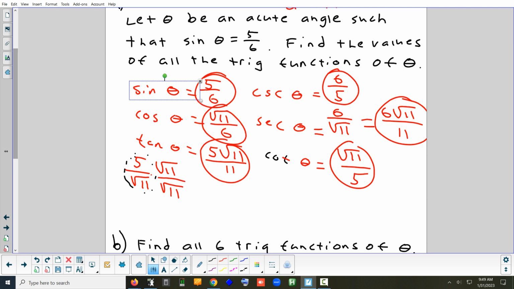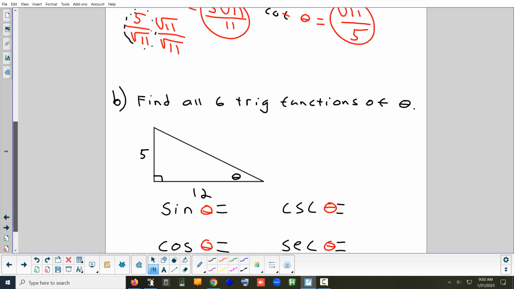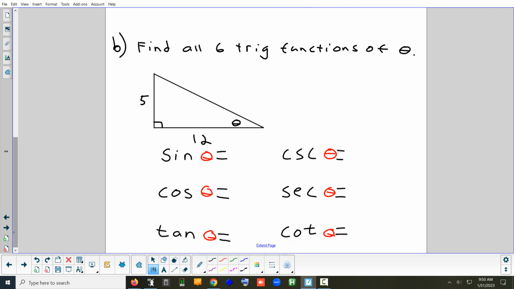We don't know how big the angle is. We know the sine of the angle, the cosine of the angle. We know a bunch of things about the angle. We don't know what the angle itself is. And that wasn't the goal of this problem. We were finding things about it, not how big it is. And same thing here. We're going to find out 6 different things about the angle. Any one of these 6 could be used to figure out how big that angle is. But again, that's not what we're doing.